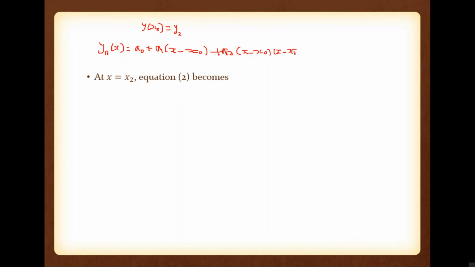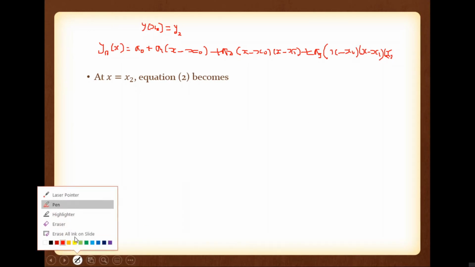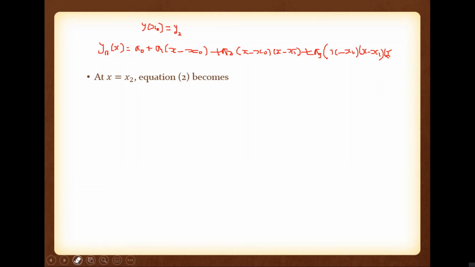We can write one more element, that is a3 into x minus x0 into x minus x1 into x minus x2, and we can neglect the remaining terms. So there is no need to consider. So this is yn of x.